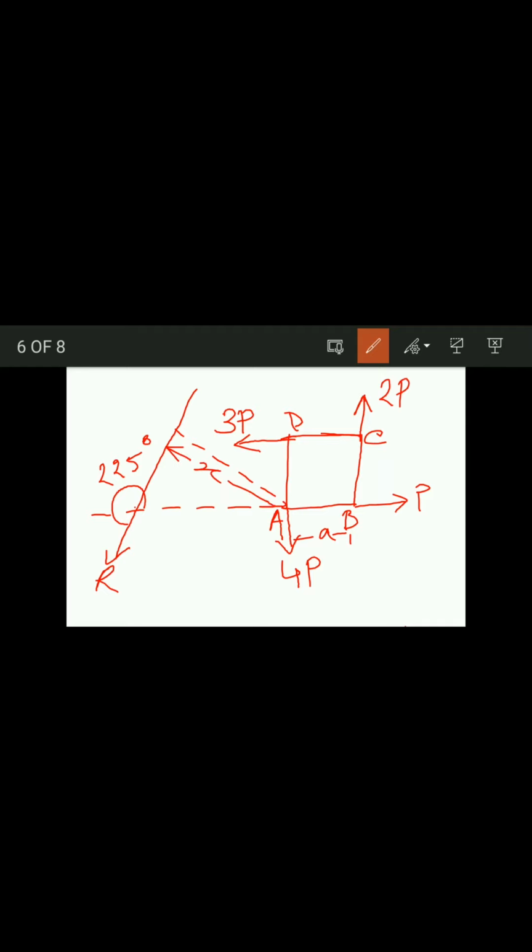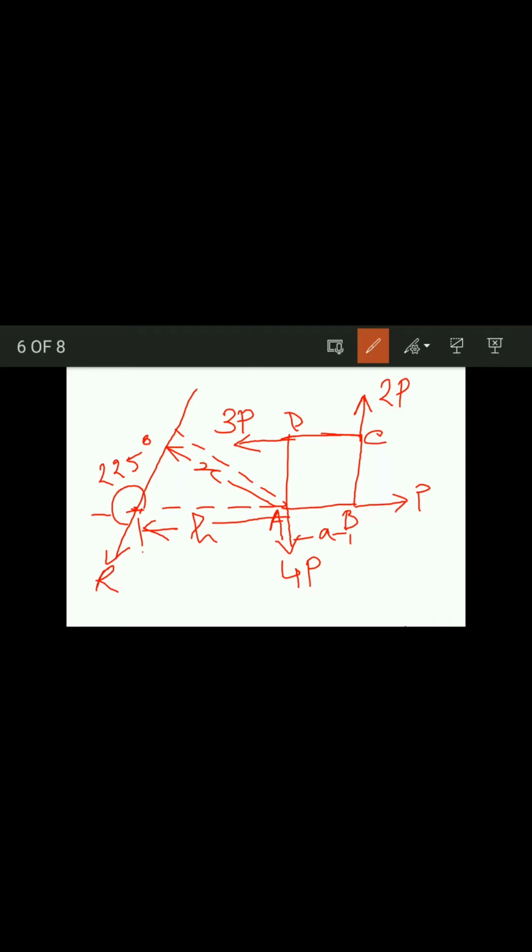The position of the resultant on extended BA is at a distance small h. Please note this figure in your notebook.